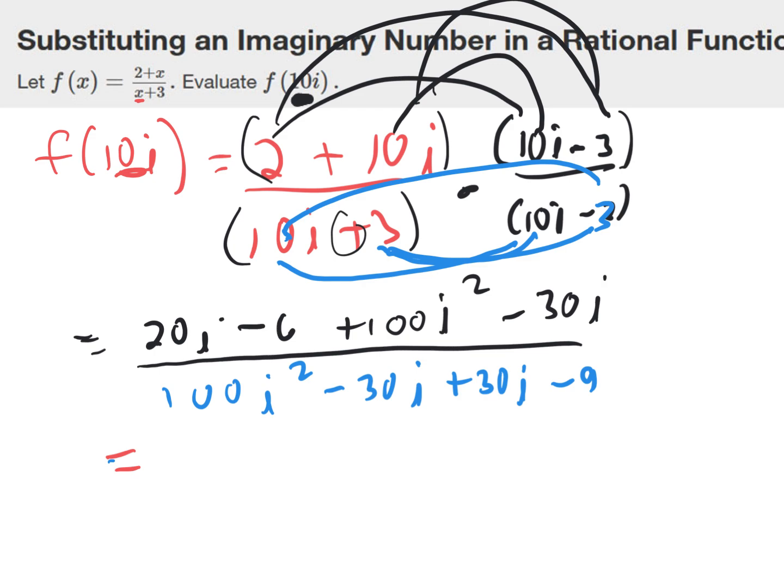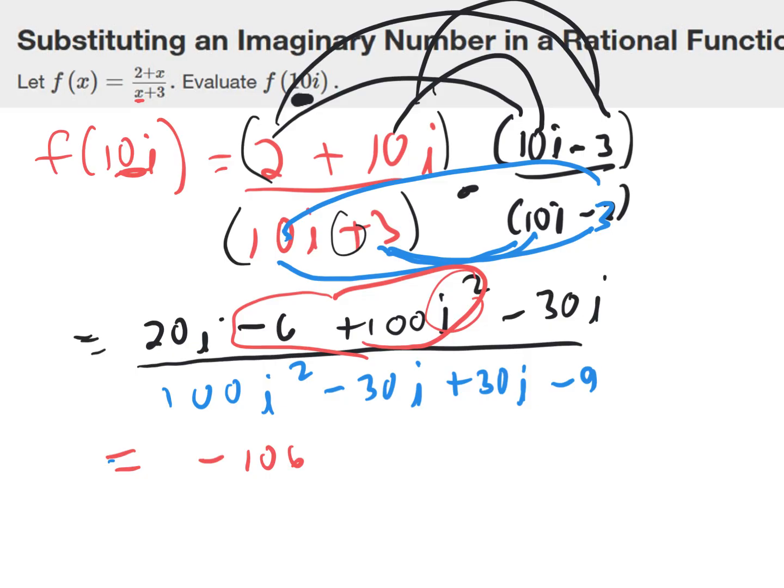Equals. Real numbers. Let's see. The only real numbers I see in the top are these two, because it's a negative 6 minus 100 because the i squared is negative. So that gives me a negative 106.